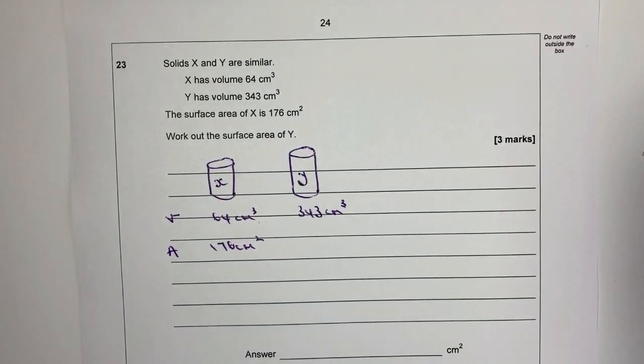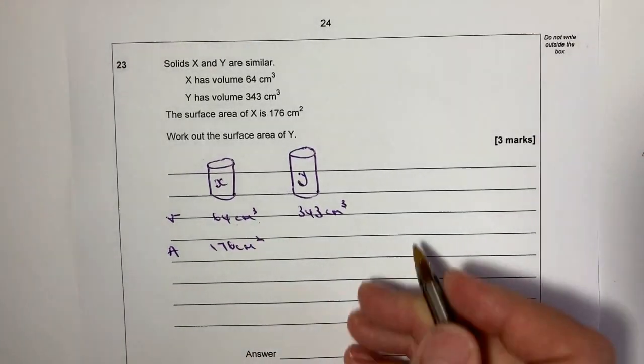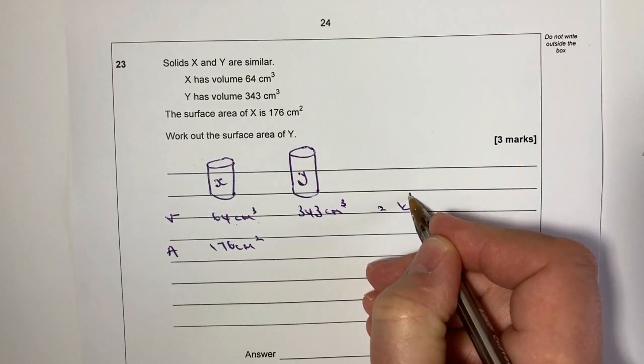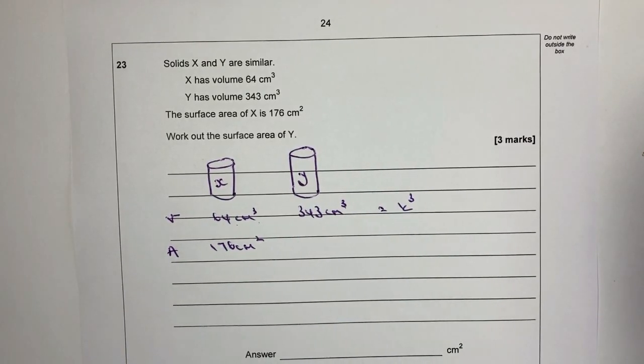All right, well, what we need to do really is firstly work out the actual scale factor. So this relationship between here and here is actually equal to k cubed. It's the scale factor cubed for a volume relationship. So if I want to work out the value of the actual k, I've got to cube root it.